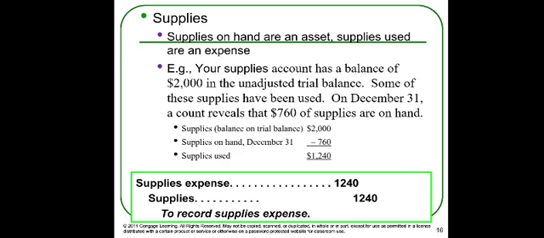You have to record the supplies expense. Always remember when an expense increases, you have to debit the account. So debit account supplies expense, and always remember to credit the supplies account the same amount. Here debit supplies expense $1,240, and credit account supplies $1,240.